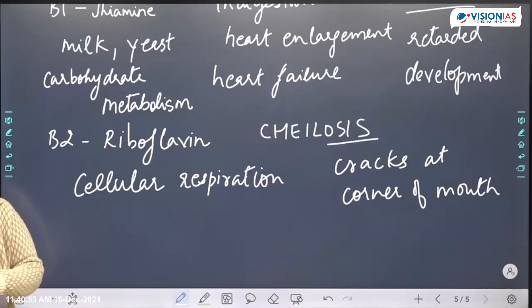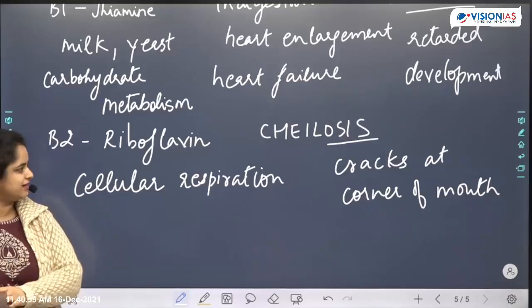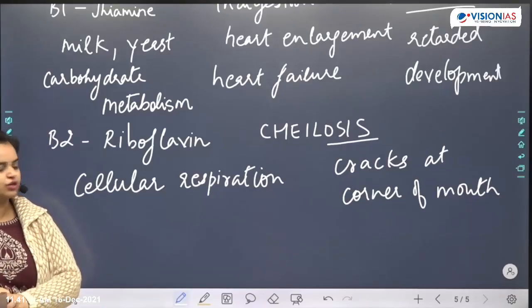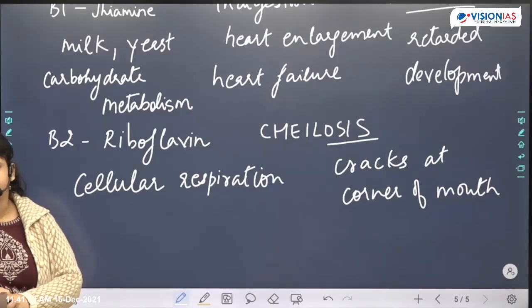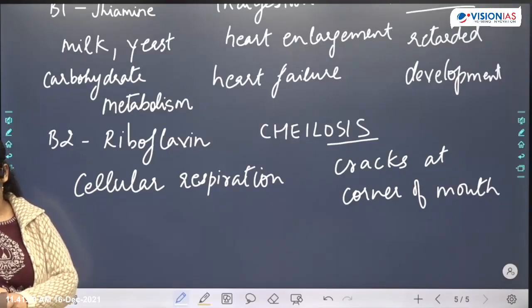So the mouth and lip area is mainly affected in cheilosis, associated with vitamin B2.